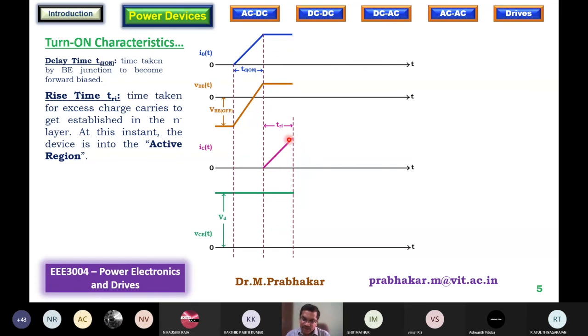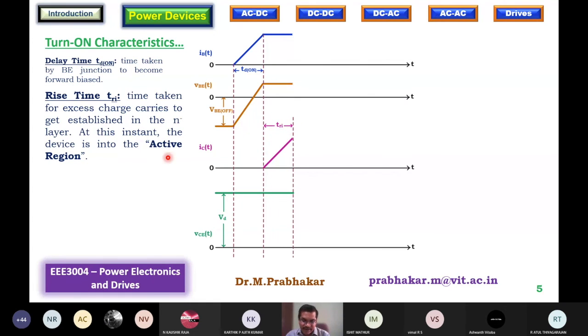We call this time duration TRI, the rise time. TRI is because excess charge carriers have to be built up and established in the N- layer. For that, it takes some time, which is the rise time.